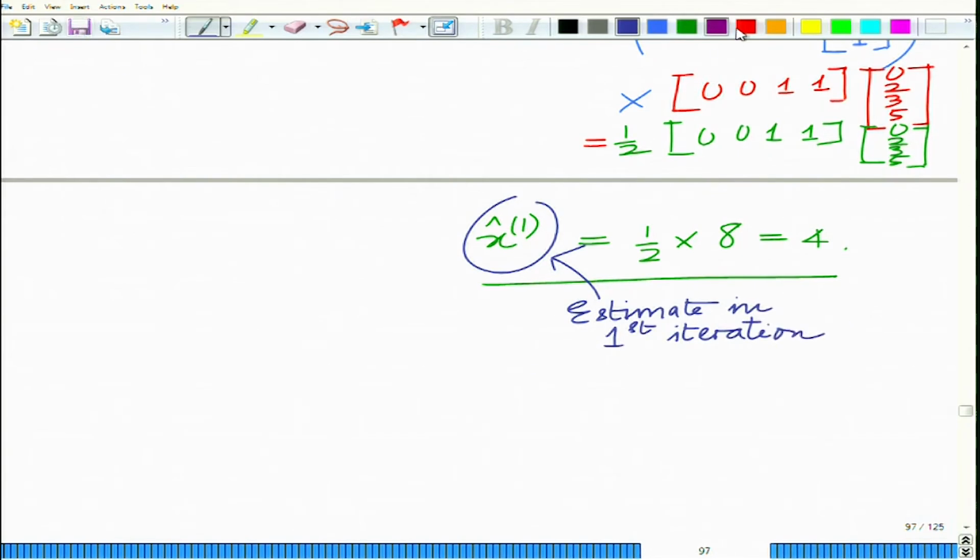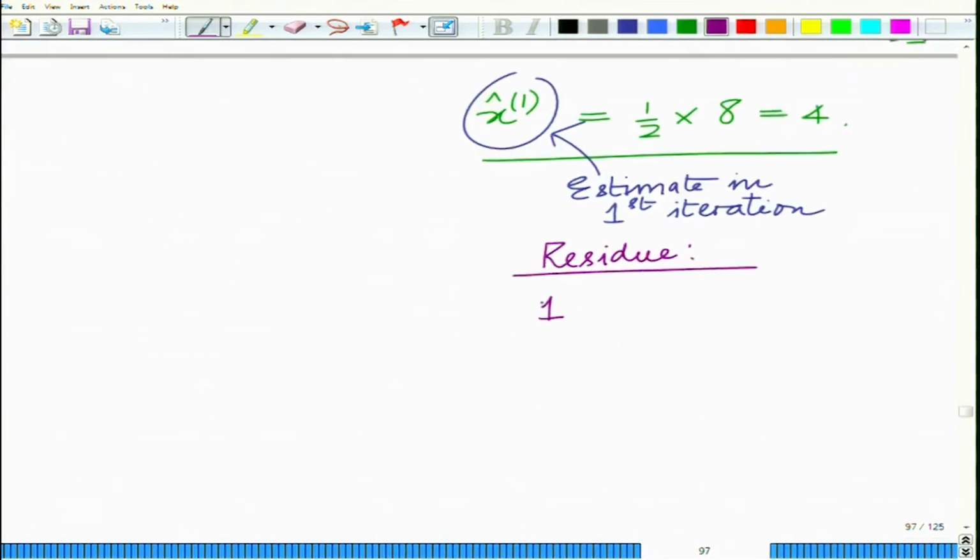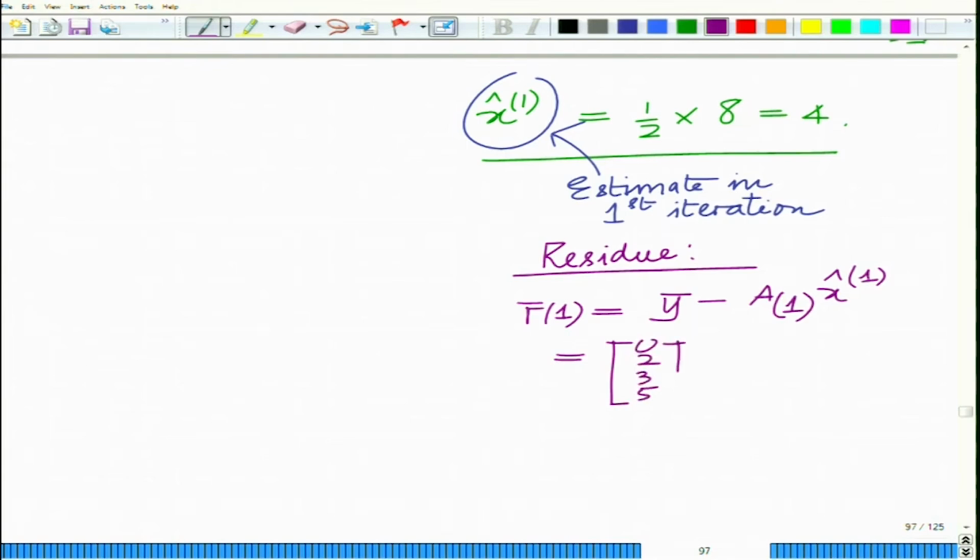And now we find the residue for the first iteration, and the residue is r bar 1, equal to y bar minus a1 x hat 1, which is 0 2 3 5 minus a1, which is simply the column 0 0 1 1, into 4.